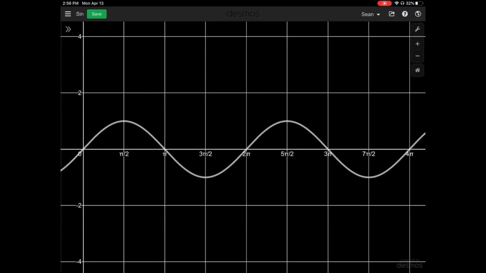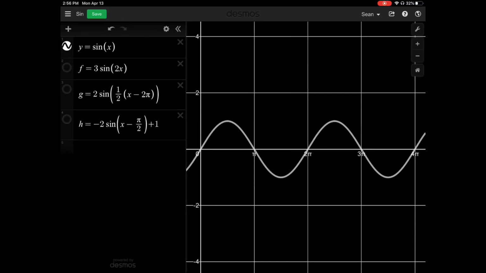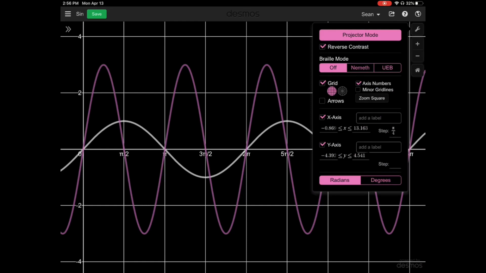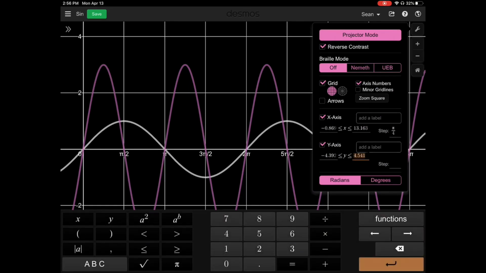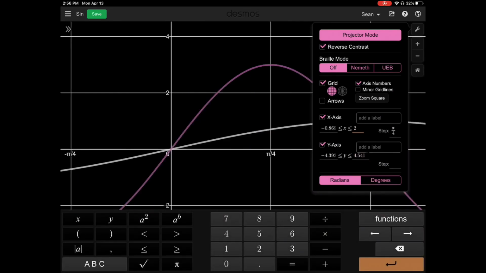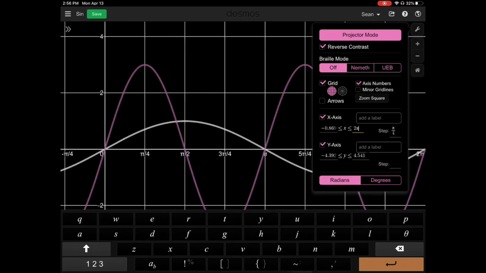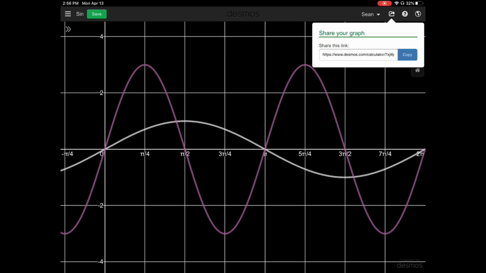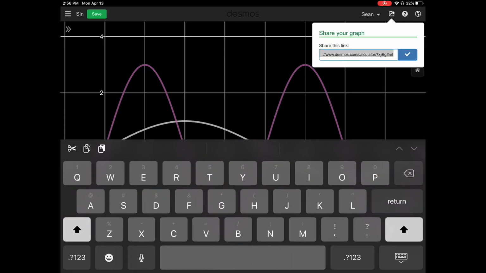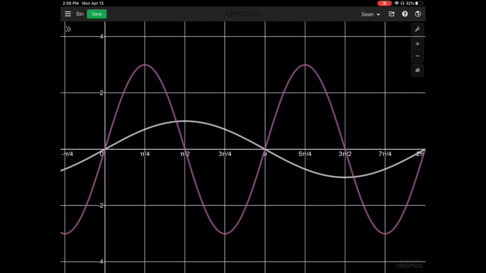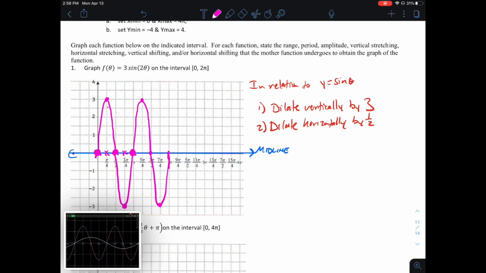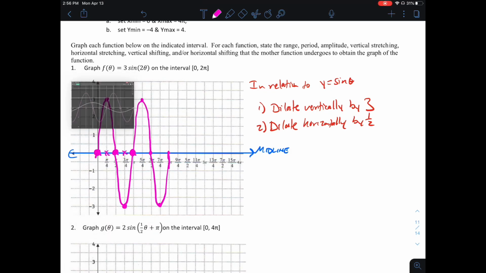So this right here is the sine graph. And then we can see, let me change this x max to 2 pi here. We can see here that this graph, tell you what, let me just bring this baby in.